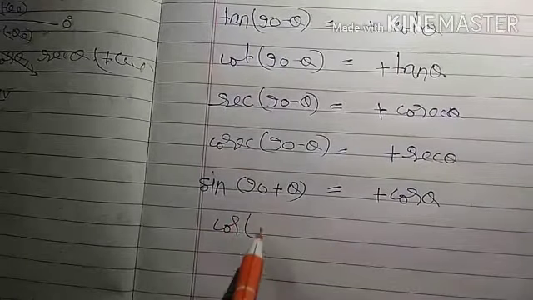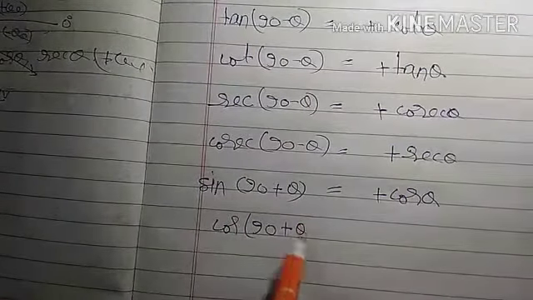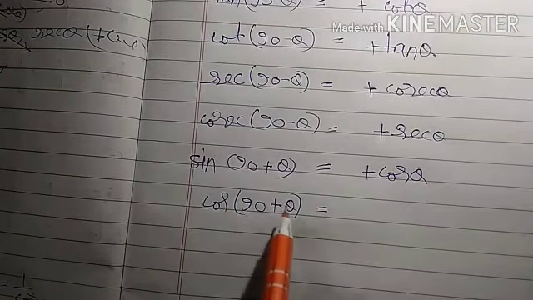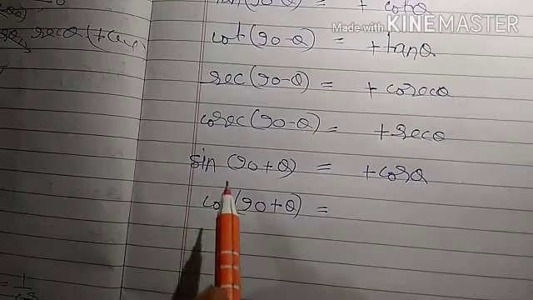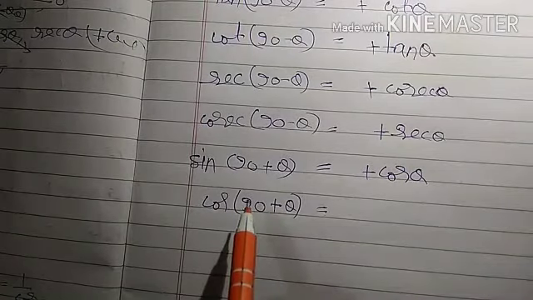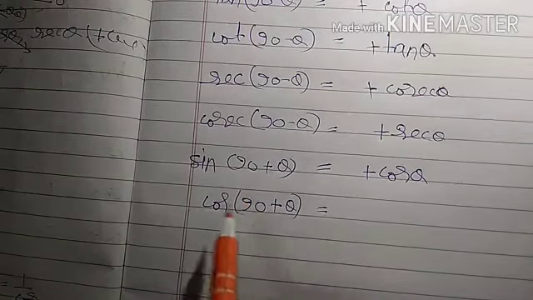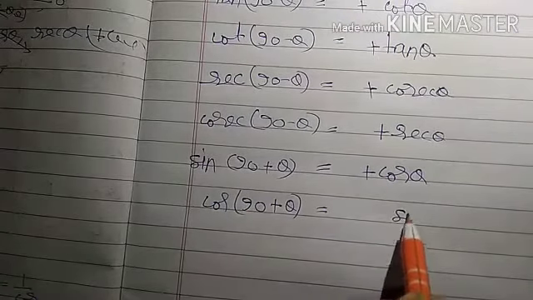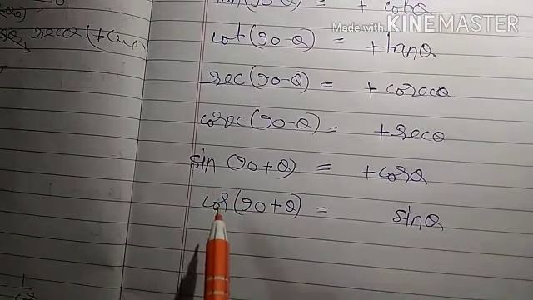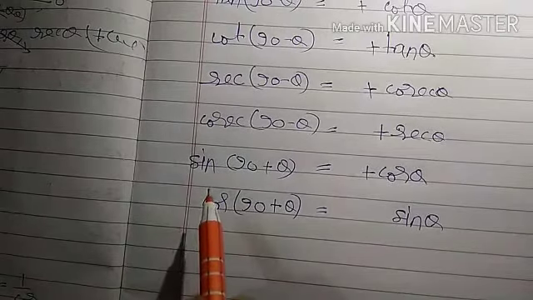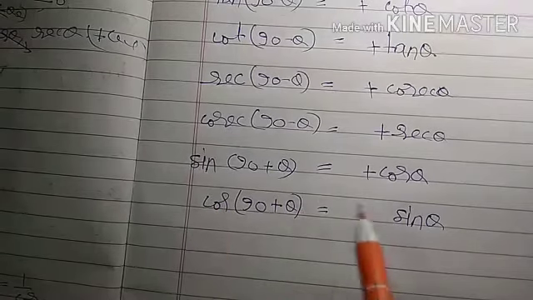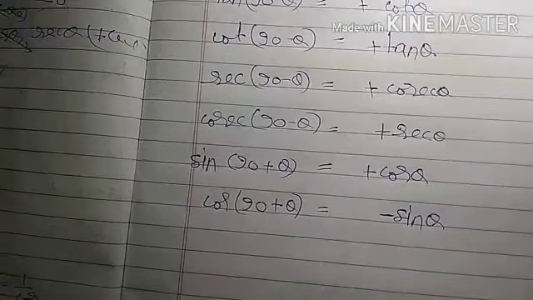Next, cos(90 plus theta): 90 plus theta is in the second quadrant, and the function changes, so cos theta changes to sin theta. In the second quadrant, only sin theta and cosec theta are positive, and the other four functions are negative. So cos theta is negative, so minus sin theta.